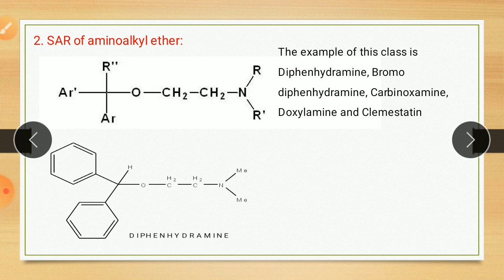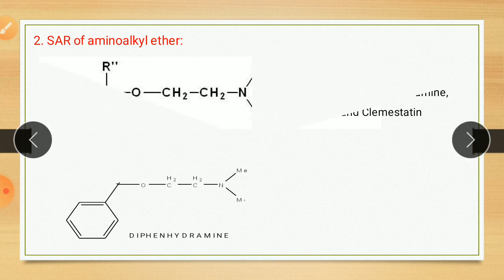Here is the close structural analog of diphenhydramine, the first drug of this category. It contains an aromatic ring, then carbon attached to oxygen, CH2 CH2, then nitrogen with methyl twice. So this is the first drug, diphenhydramine.